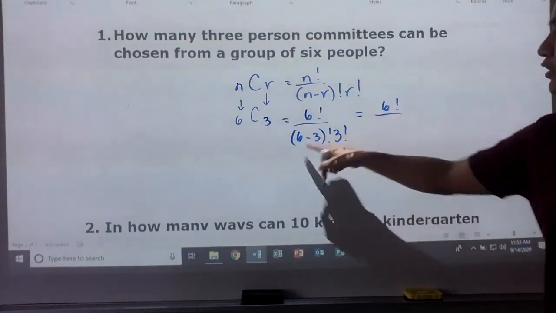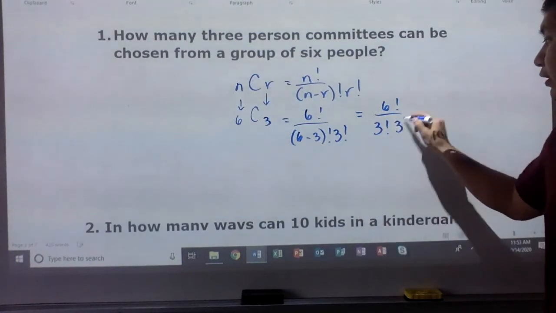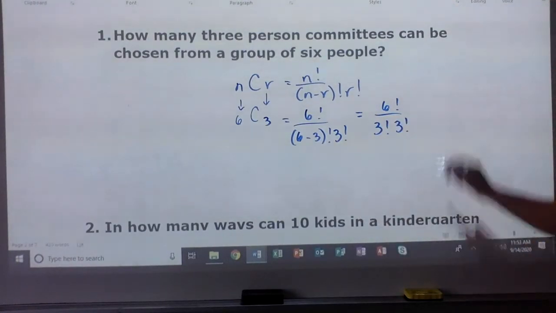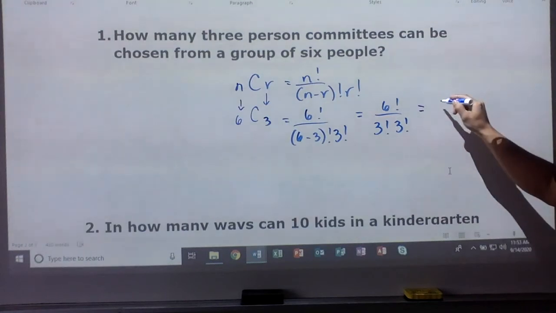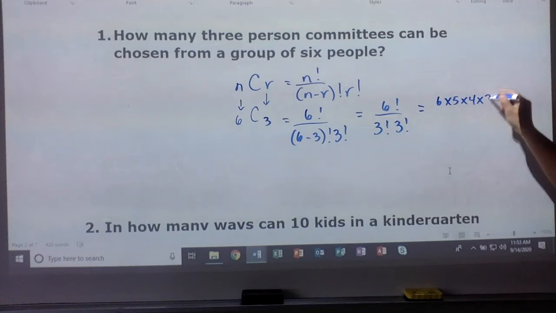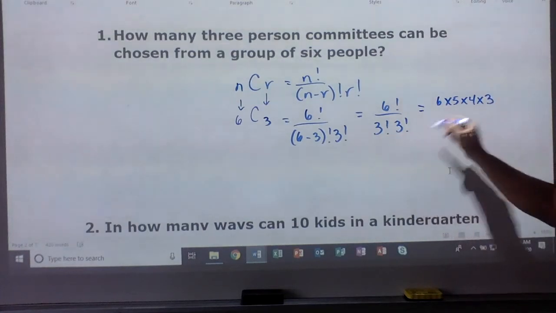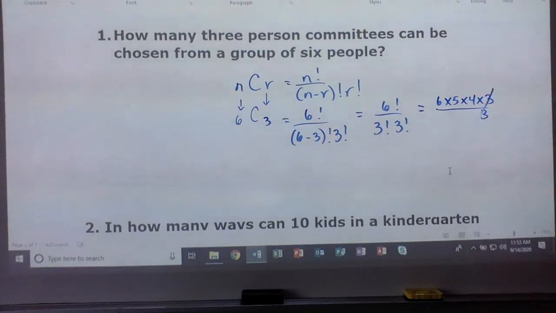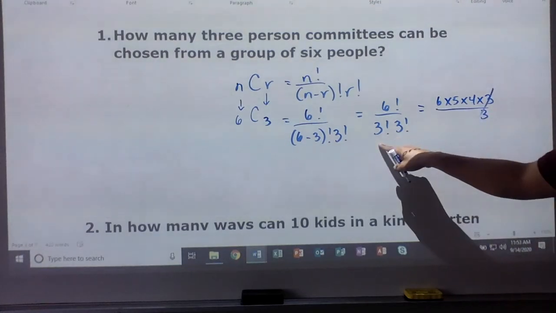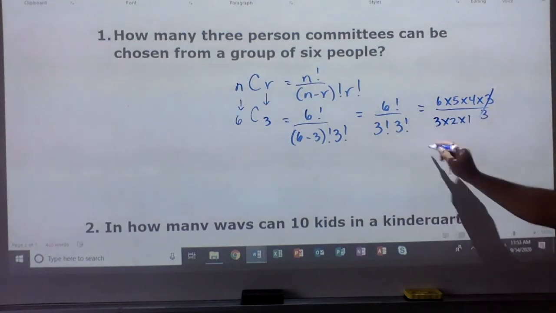I still have this 3 over here. And just finish the thing. 6 times 5 times 4 times 3. I stop at 3 because of the 3's in the bottom. However, that's only going to take care of one of the 3's. I still got to calculate the other one: 3 times 2 times 1.